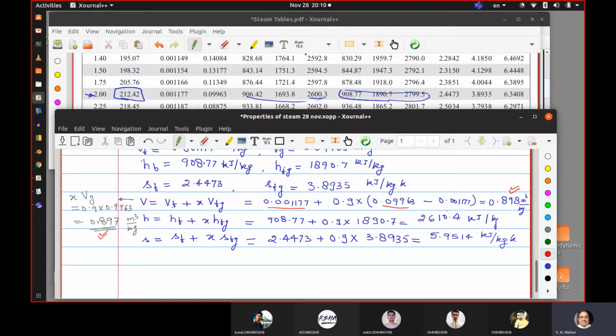So if you do not want a very accurate answer, say an error of 0.1% or even 1% is acceptable, then you can directly write V is equal to x times Vg. This calculation will give you some result.